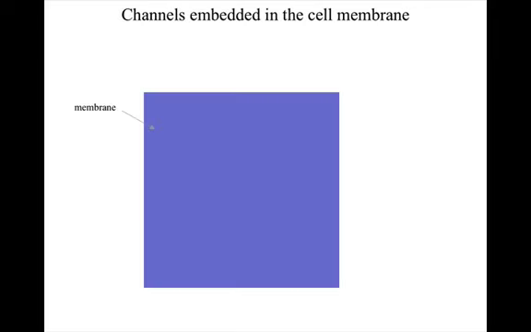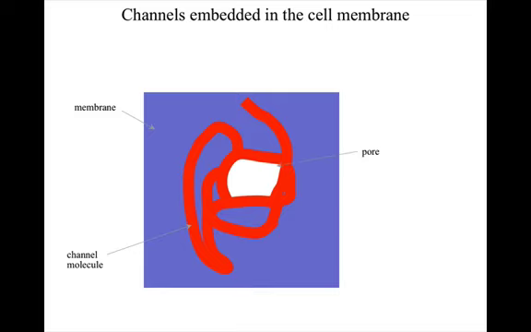For example, suppose this is a view looking down on an area of the membrane from the outside. This is a conceptual drawing of a protein that transports glucose molecules embedded in the membrane. This glucose transporter protein has a pore in its structure, and different locations in the pore make chemical links with the glucose molecule to move it actively through the pore from the outside to the inside.